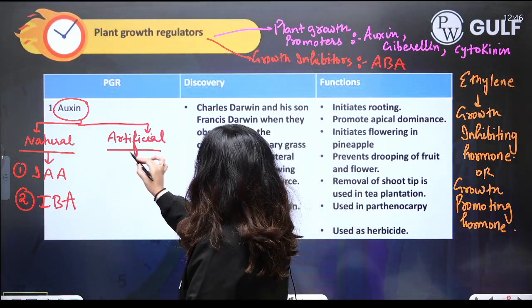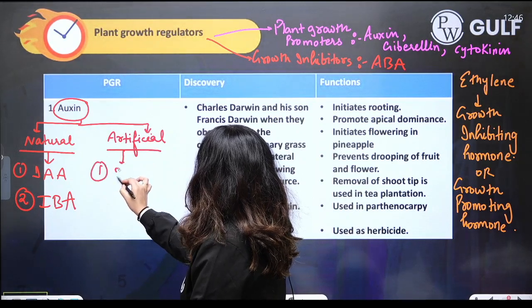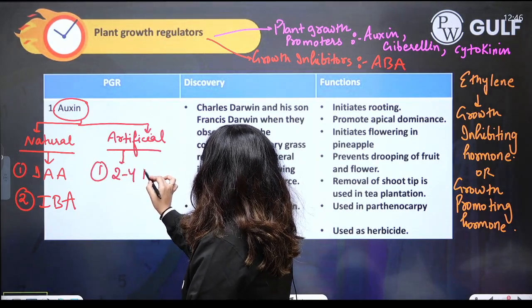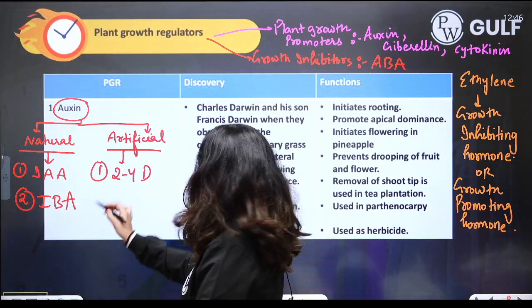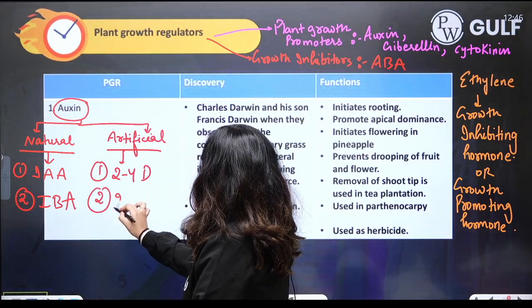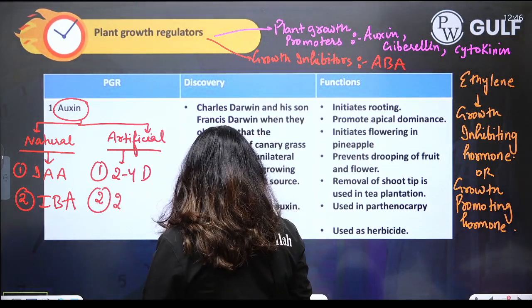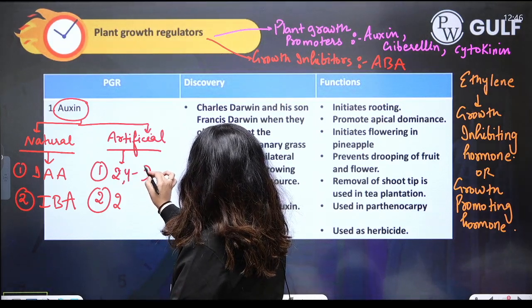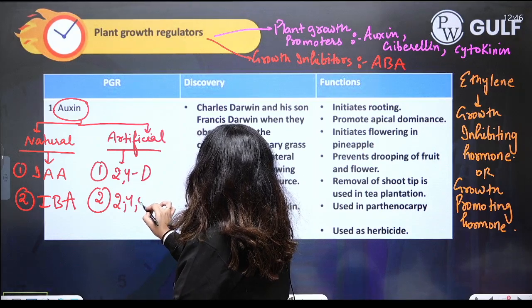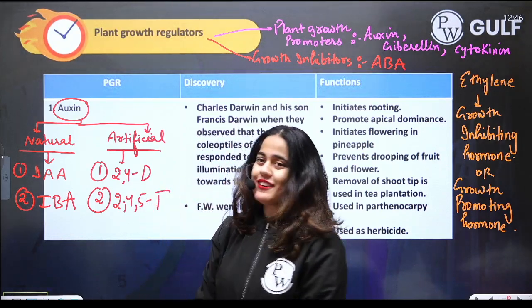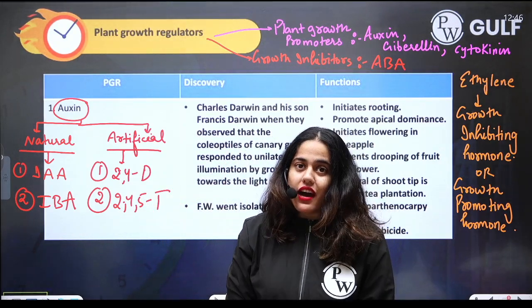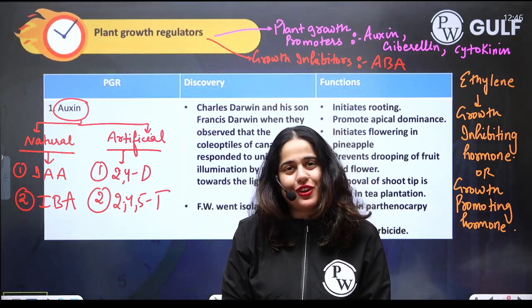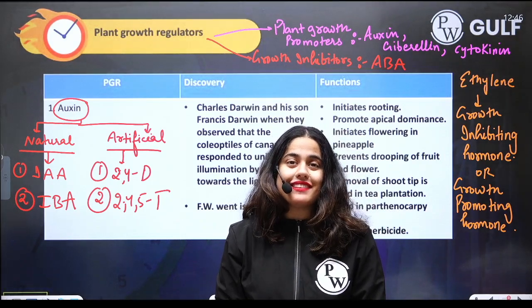The artificial ones are 2,4-dichlorophenoxyacetic acid and 2,4,5-trichlorophenoxyacetic acid. So these are some of the artificial auxins which are not naturally present in the plant.